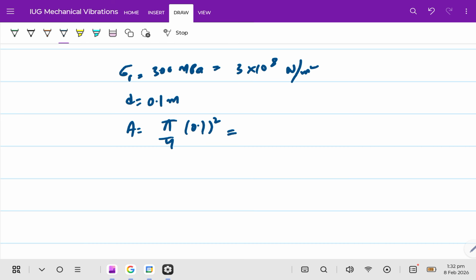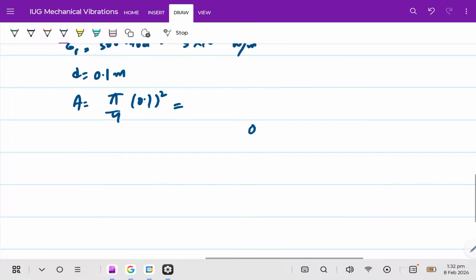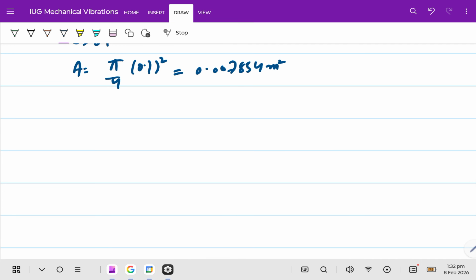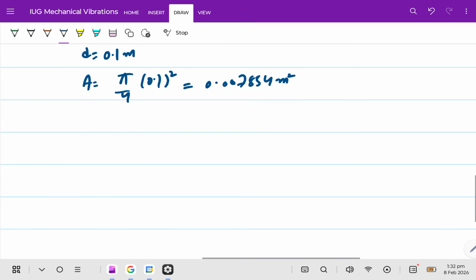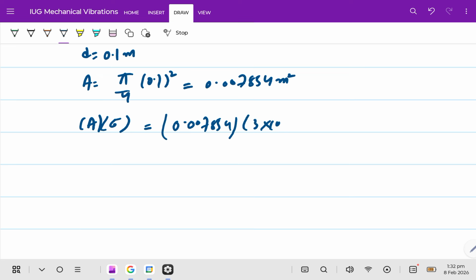So you will end up getting 0.007854 meter square. So the permissible tension, considering the factor of safety as well, will be equal to that area into the stress. So that will become 0.007854 into 3 into 10 exponent 8.